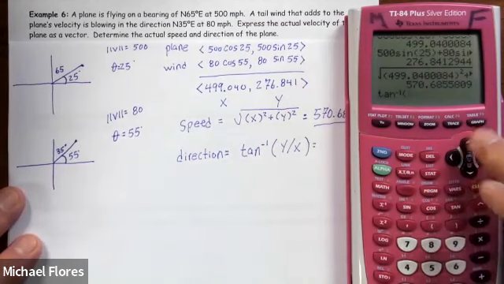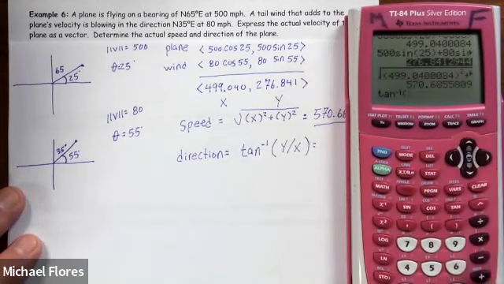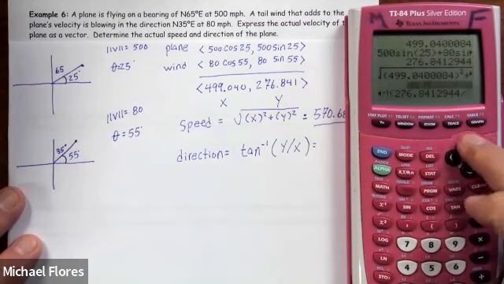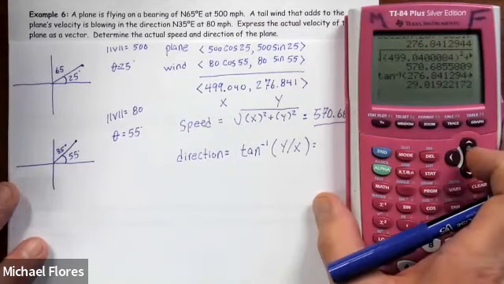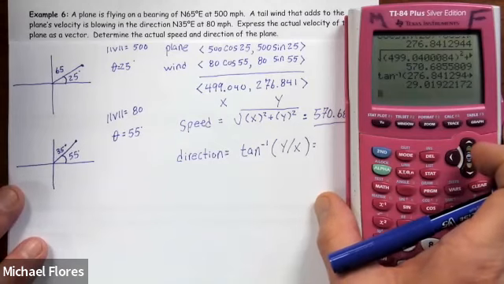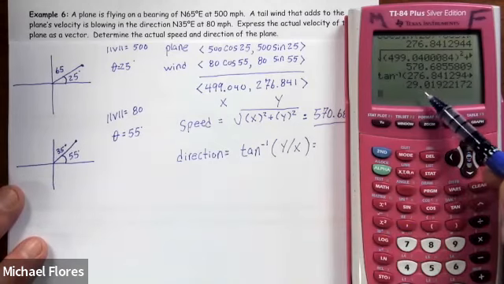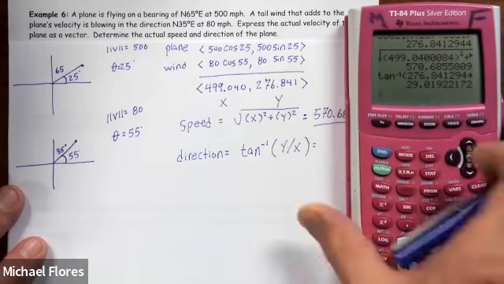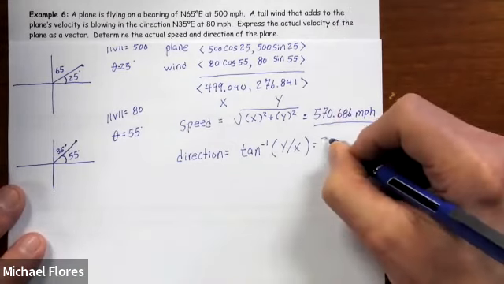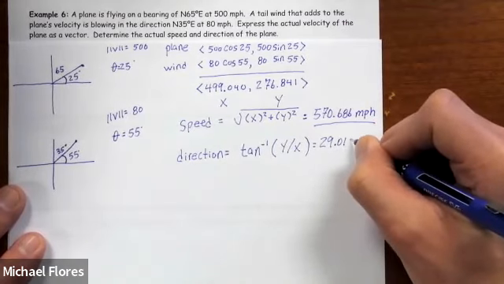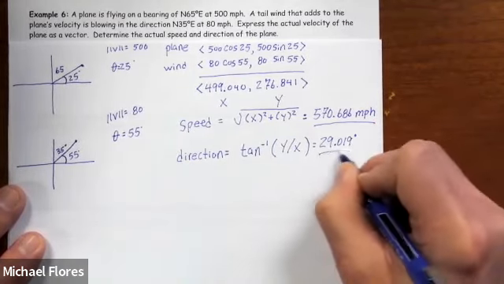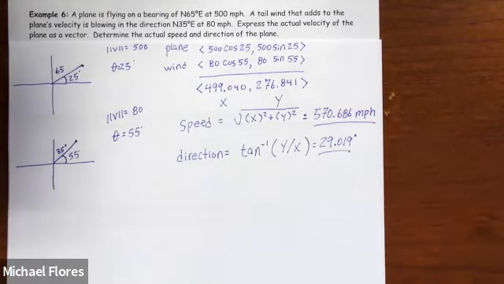I'm going to scroll up and find my y value. Enter. Divided by the x value. 29.012, I'm sorry, 29.019 degrees. That's the direction the plane is now flying.